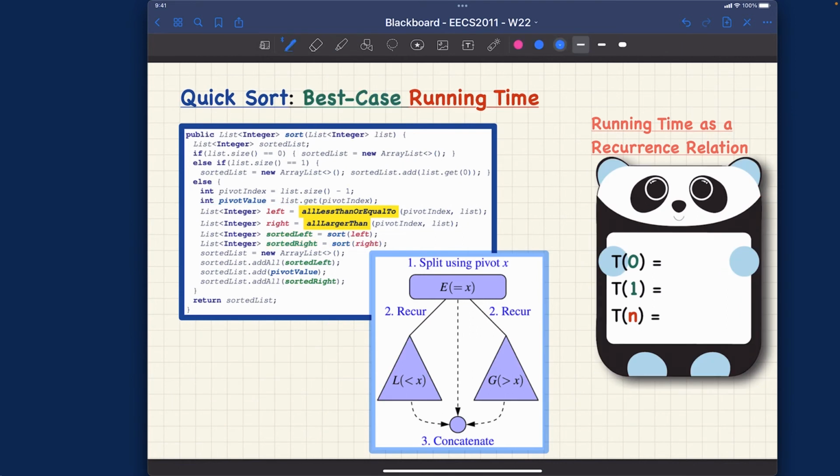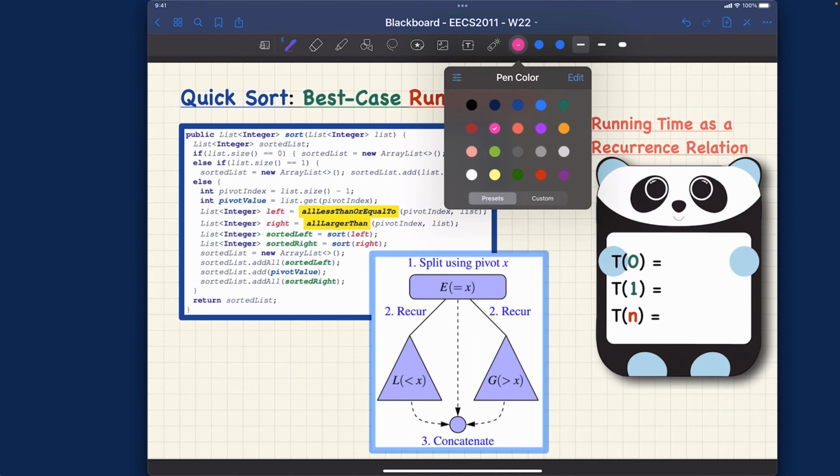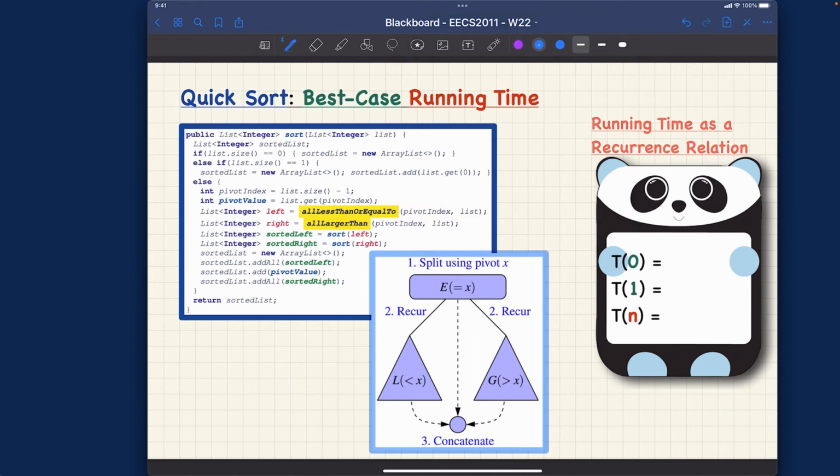The best case would be something like this. Let's say this is the original list over here, and if somehow you can choose the median value, right? Okay, let's say this is the median somehow, and the consequence of that is the median value over here, by its definition.